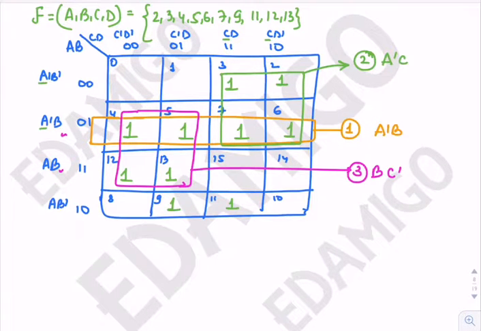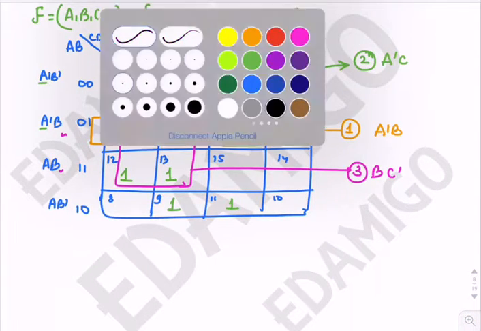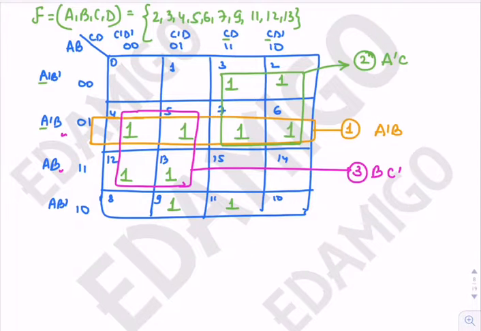Okay, and this is the fourth one. We cannot form a four adjacent square, so only two adjacent squares can combine. So it is a b bar and the constant here is d.